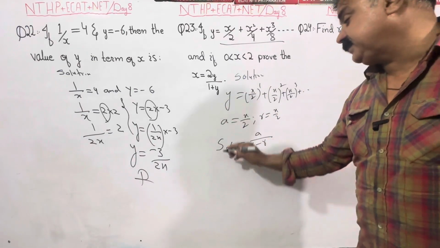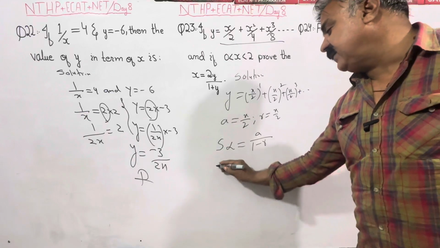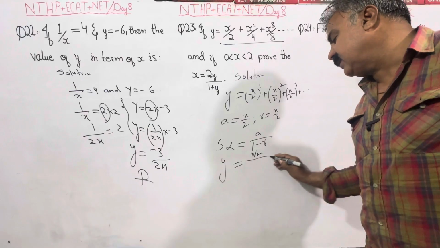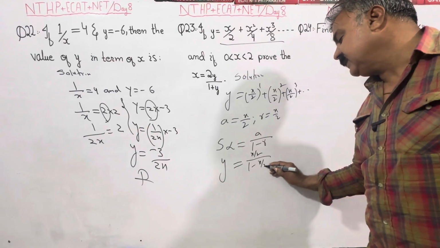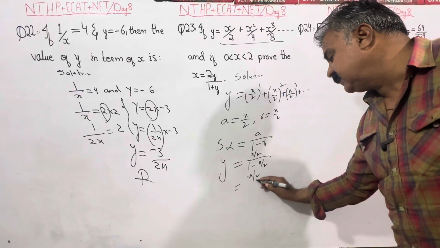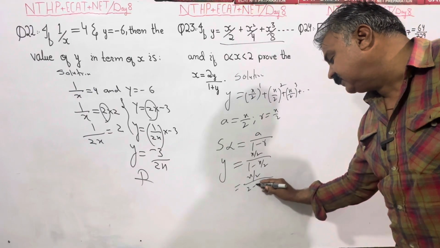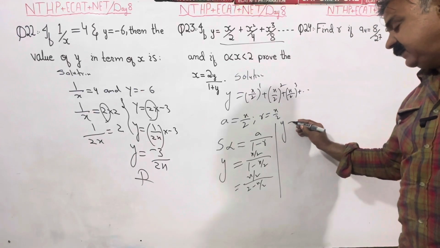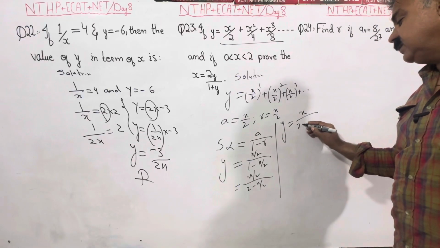So y is equal to x over 2 over 1 minus x over 2. Taking LCM, we have x over 2 over 2 minus x over 2. The 2s cancel out, and y is equal to x over 2 minus x.